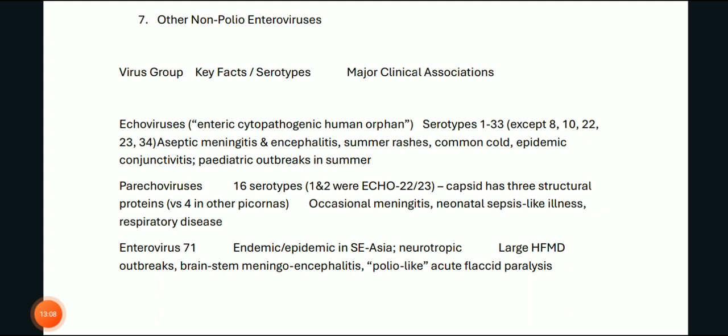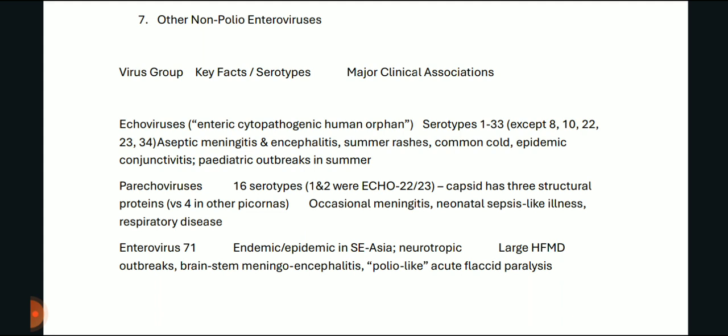We see summer rashes, common cold, epidemic conjunctivitis, and pediatric outbreaks in summer. Next are the parechoviruses. They have 16 serotypes, 1 and 2 are echo 22 or 23. Capsid has 3 structural proteins versus 4 in other picornaviruses, and it causes occasional meningitis, neonatal sepsis-like illness, respiratory disease.